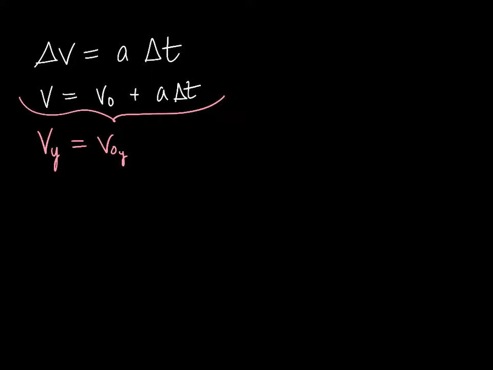Now, here's the thing. If I'm going in the y direction, acceleration has a particular value, and it's down. Its direction is negative. So what you'll find in every textbook in this galaxy is minus gt.